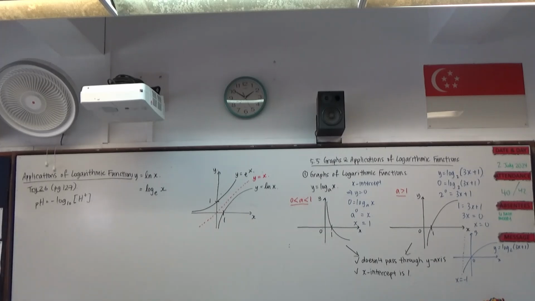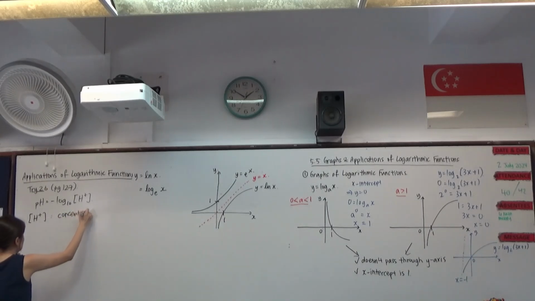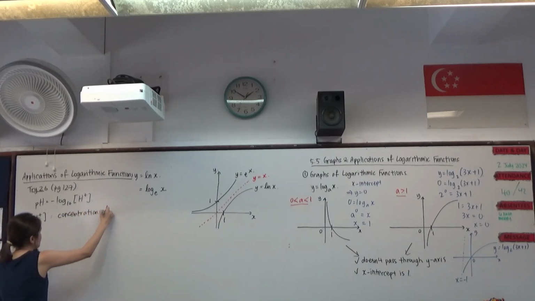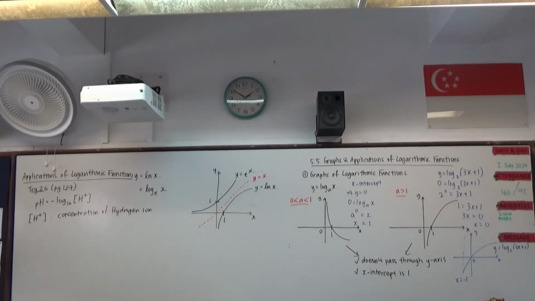That is your concentration of hydrogen ion. That is how they define it. It is measured in moles per liter.